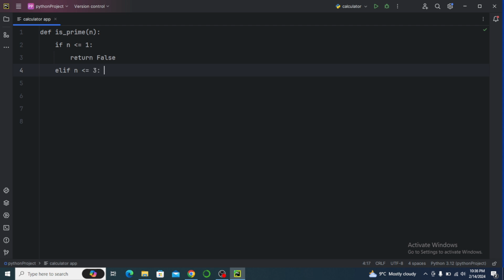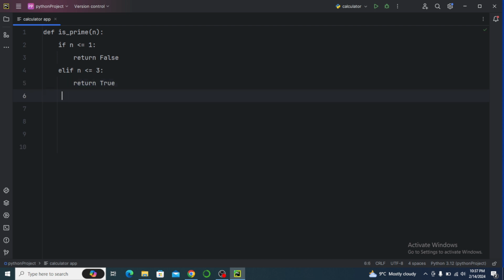If the number is less or equals to 3, and I've defined that if the number is less or equals to 1, it's false. So we're now saying the number is less or equals to 3, which includes 2 and 3, then we're saying it should return true. Return true.